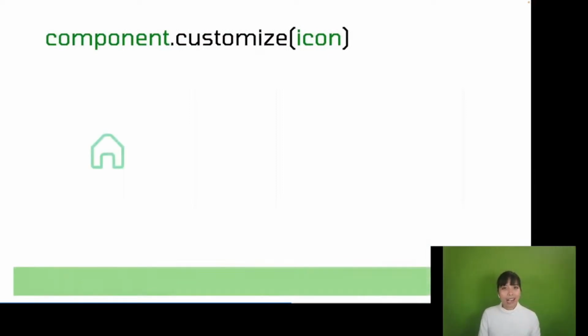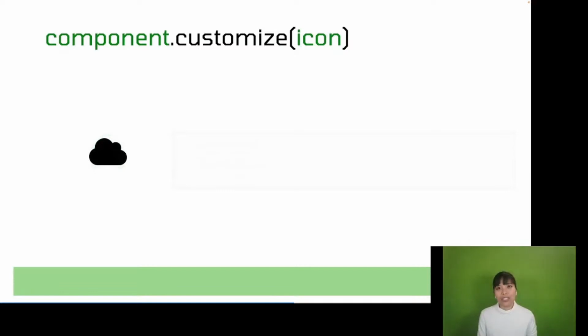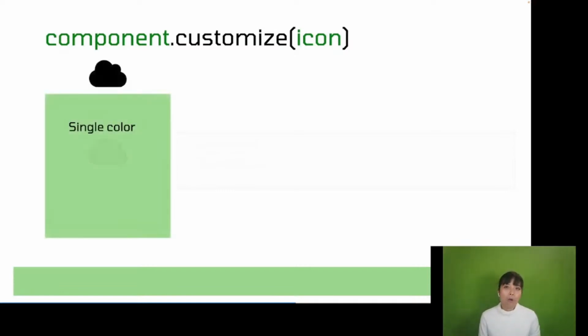How do we customize icons? Well, we have a set of icons. This is how the accept button with an icon from the Storefront UI icon library looks like. But the user says, okay, I want to use a cloud icon, which is not in the list. So what we found in our research is that an icon is an SVG, and will only have one single color because it's an icon.